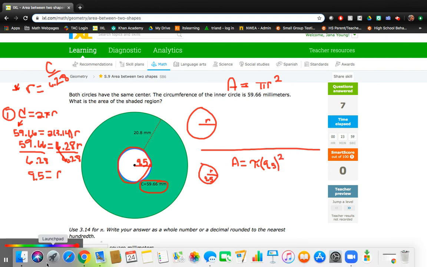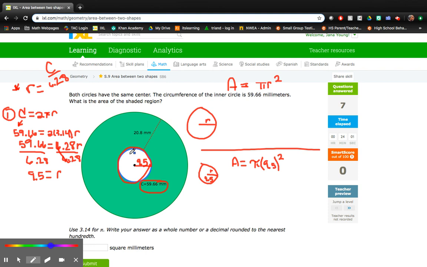Okay, the next thing I need to do is find the area of the big circle. Big circle radius goes from the middle all the way to the edge of that outer circle. So we know this piece from edge to edge of the two circles is 20.8. And we know this piece because this piece is just the inner circle, so that's 9.5.